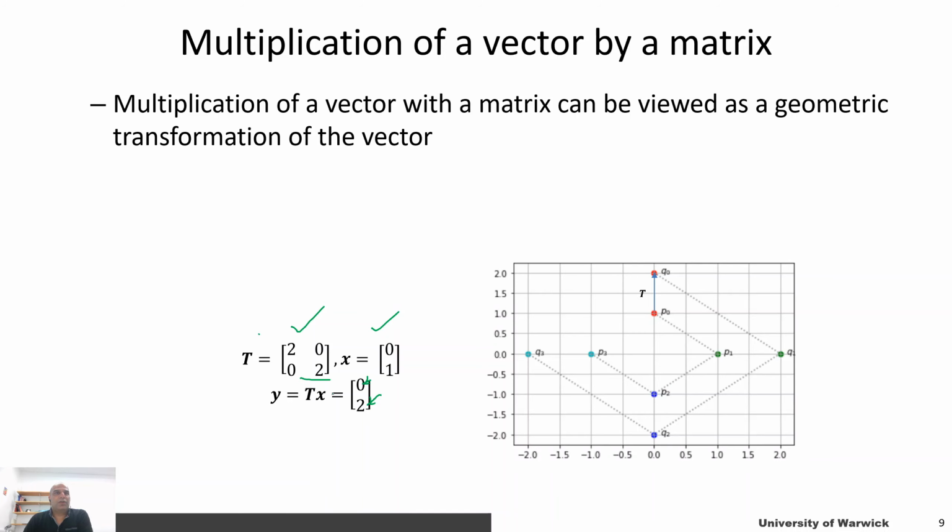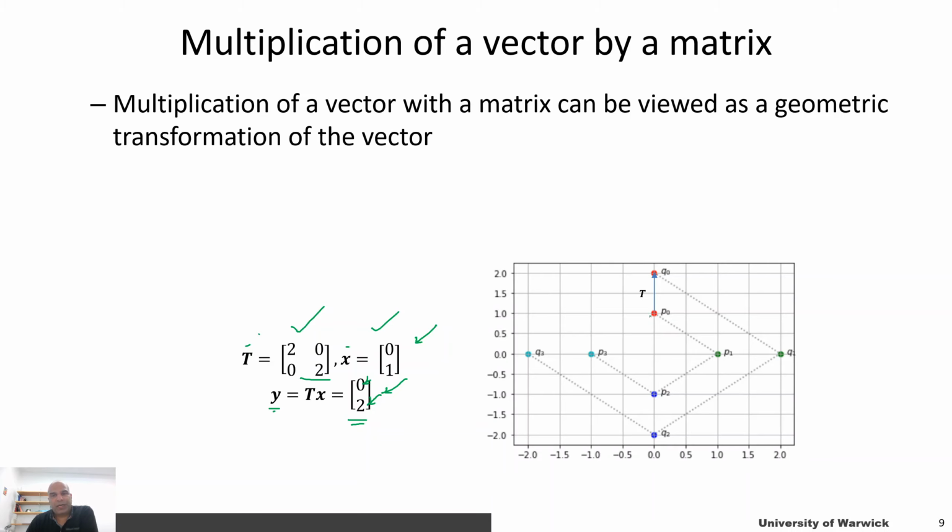So you get a new vector. When you multiply x with T, you get a new vector, which I'm calling y, and it's different from x, right? The effect of this matrix multiplication is that the point 0, 1 has been transformed into a new point, 0, 2.